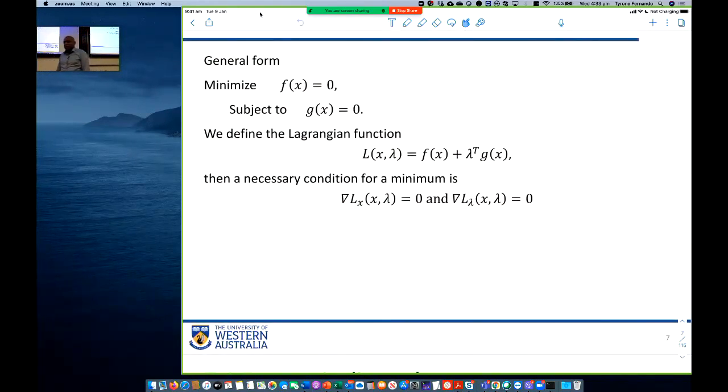How do you formulate this problem? We want to minimize f(x), not f(x) equal to 0. We have a particular cost we want to minimize; this is the cost function.